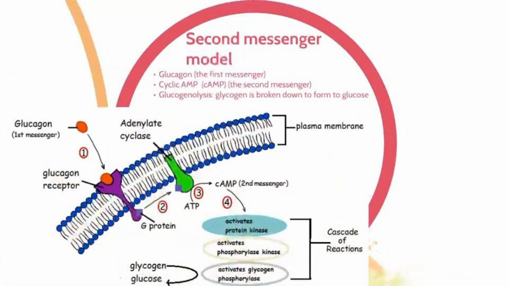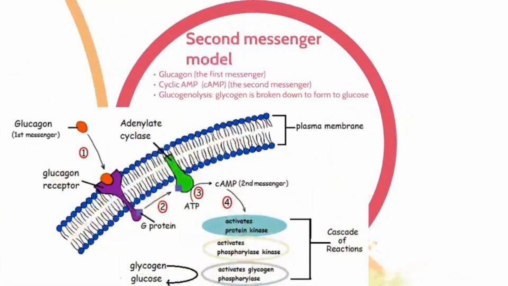So what happens is once you have this cyclic AMP, this then goes on to do a few other things within the cell. The cyclic AMP binds to protein kinase A, which is an enzyme, and this activates the enzyme. So cyclic AMP activates protein kinase A enzymes.